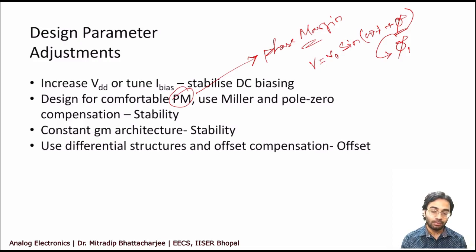Then you have pole zero compensation. This pole zero you will find in a control system course. I am not going into much detail, but just to give you an idea, pole zero is related to the stability of a system. It should not happen that your system is not stable. And what does that mean physically?